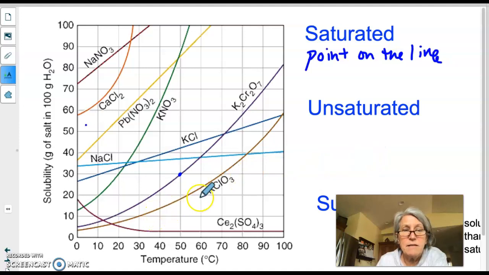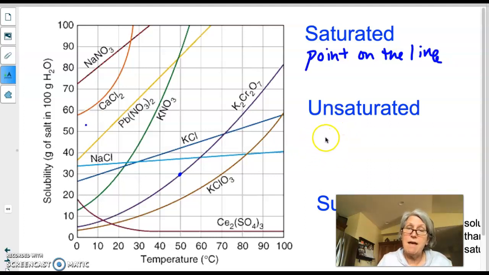You can see the potassium chlorate here. This is dichromate, and this is potassium chlorate. You can't put as much potassium chlorate in. It looks like about 28 grams. So a saturated solution is the maximum amount of solute that can dissolve in the solvent at a given temperature.